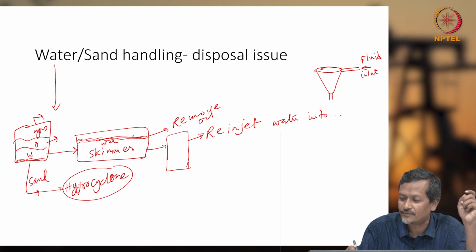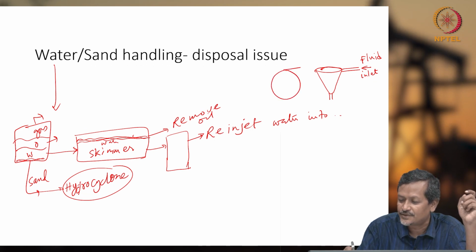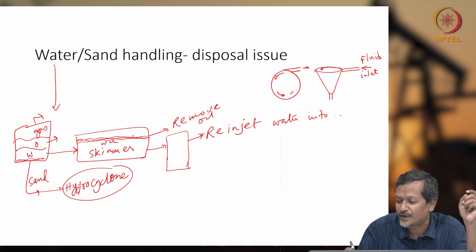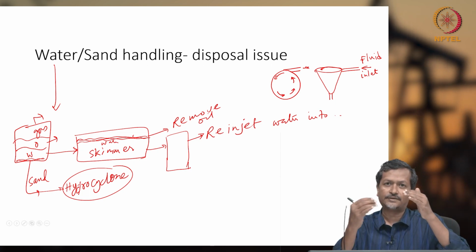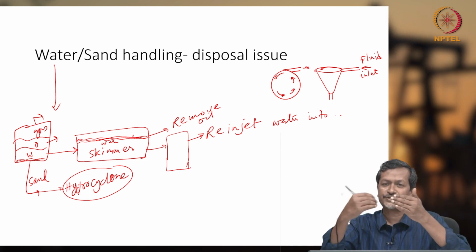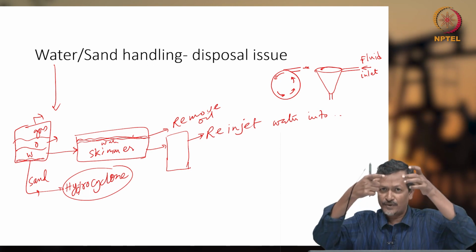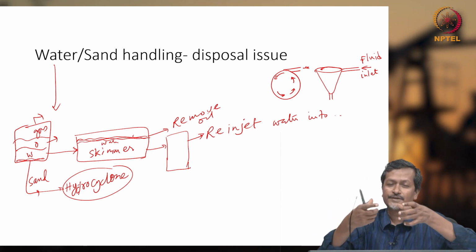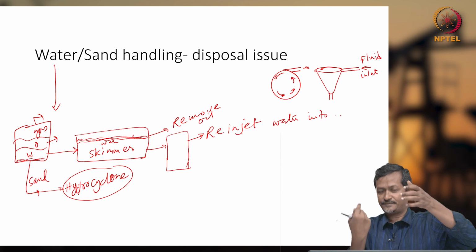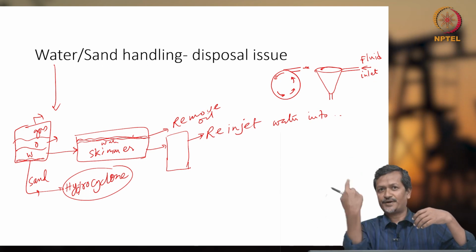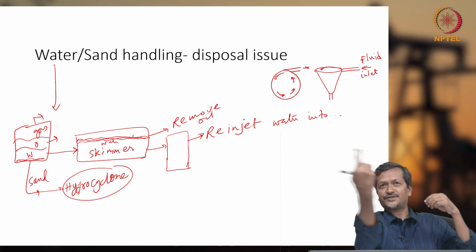If I draw the top view, the entry is here and the fluid will be entering like this and rotating tangentially. It is touching the wall and rotating. When it is touching and rotating, because of gravity, the fluid will try to go down also. So the fluid is going down and rotating like a toilet flush, from a larger diameter to a smaller diameter.